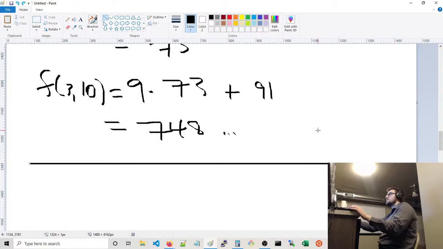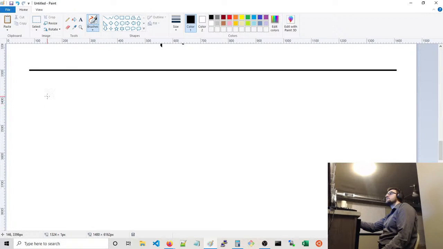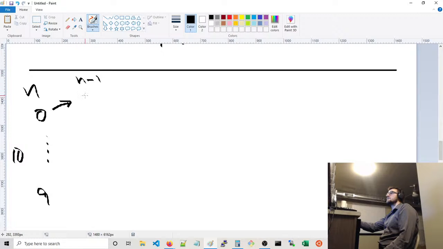So we have n characters to choose from. That's 0 to 9. There's 10 choices. Then if we pick 0, we have still n minus 1 characters to choose from, two choices to make, and we have still 10 different options here.